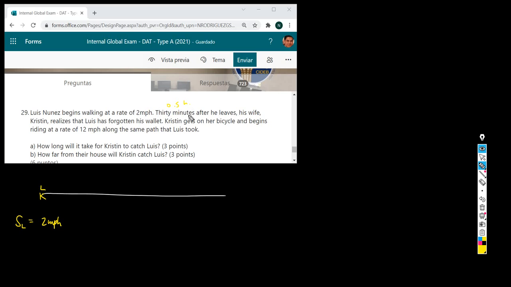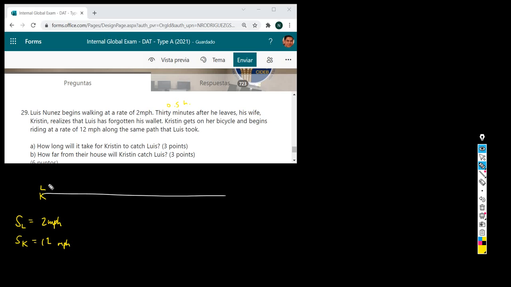I'm going to convert these to hours. So 30 minutes after, or 0.5 hours after Luis leaves, his wife Christine realizes that Luis has forgotten his wallet. Christine gets on her bicycle and begins riding at a rate of 12 miles per hour.